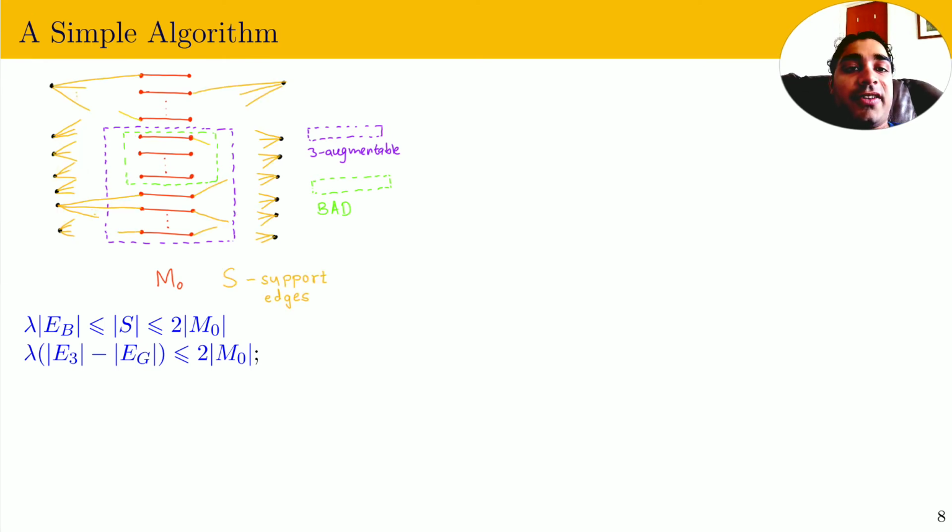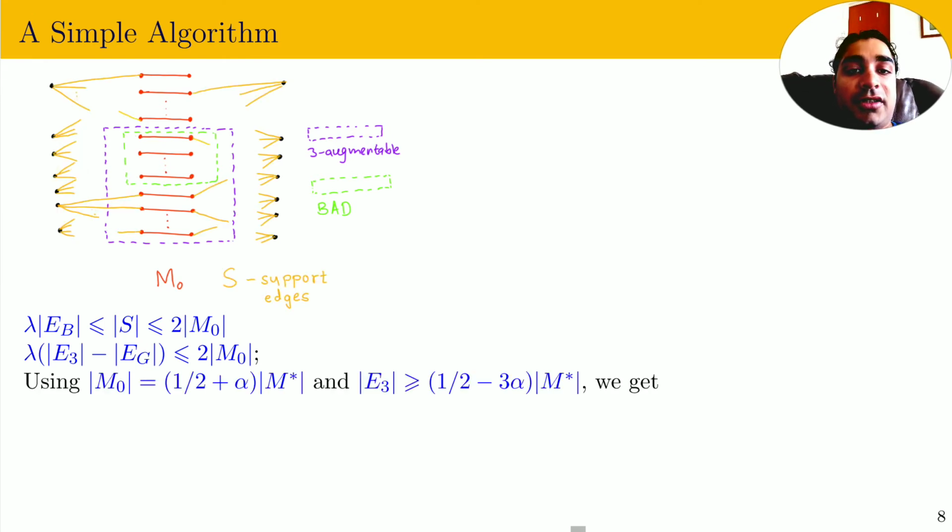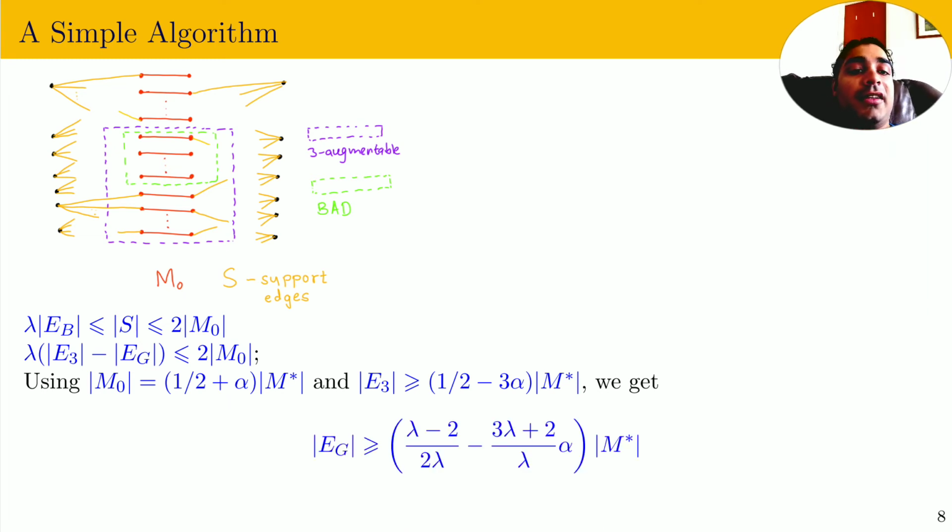Then again we use size of M0 is equal to half plus alpha times size of M star, and using the earlier lemma, the number of three augmentable edges is half minus 3 alpha times size of M star. We use these two in the above to get the fact that the number of good edges is at least this much. This is just algebra by substituting what's above.